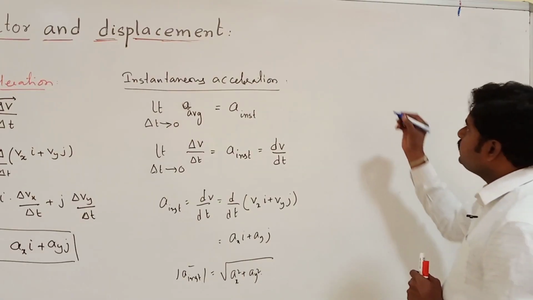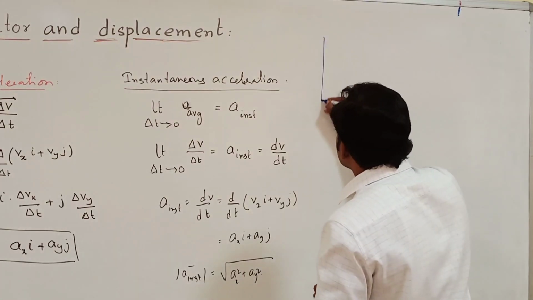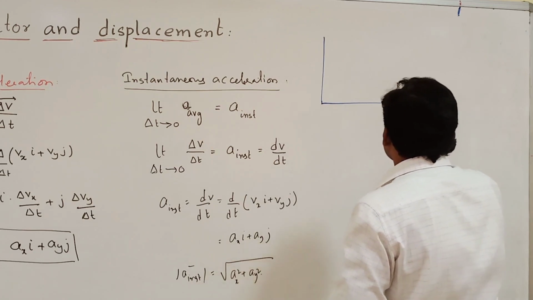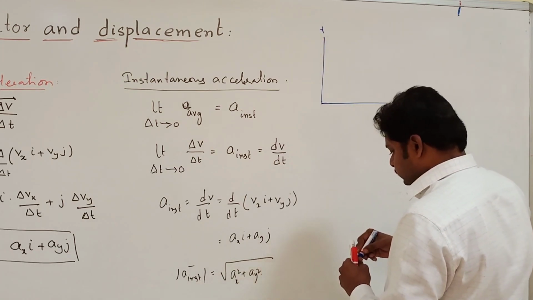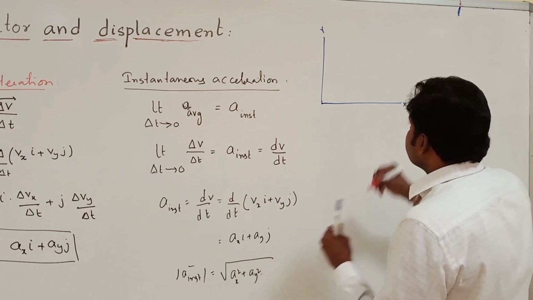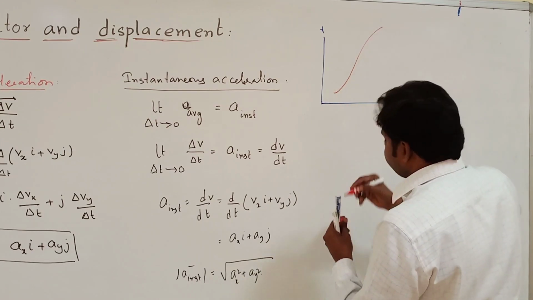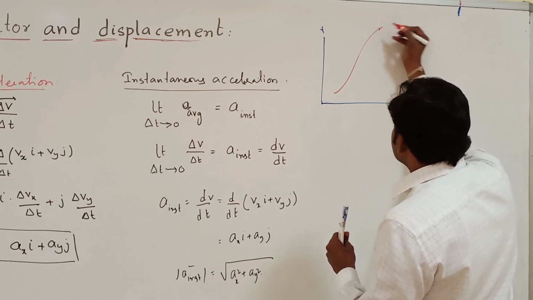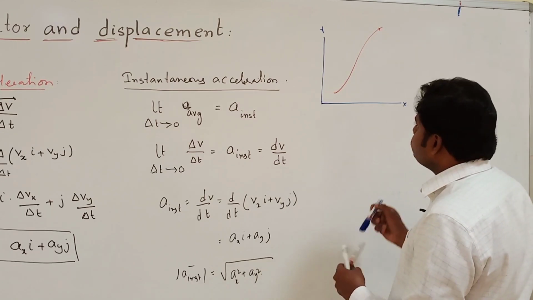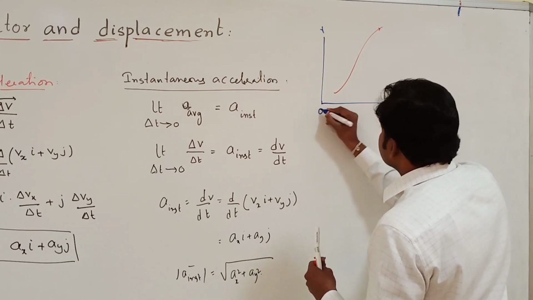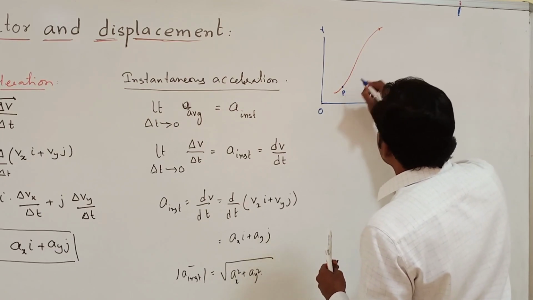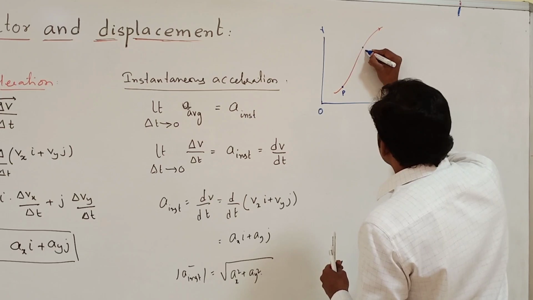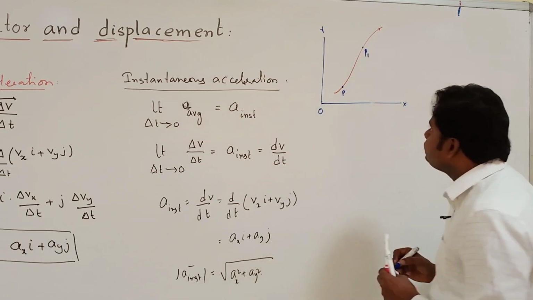Let's see this in terms of representation. Take the x-axis and y-axis. This is a curved path where the object is moving. I am choosing two points here, a point P and P1.